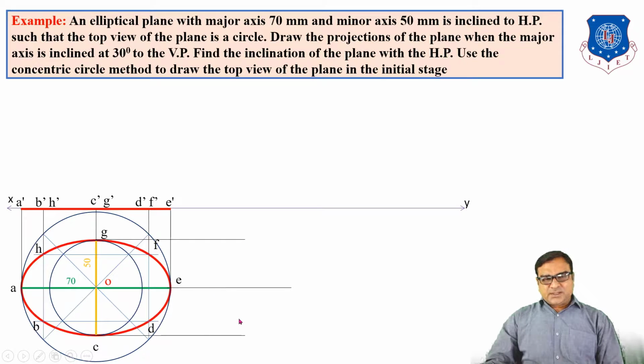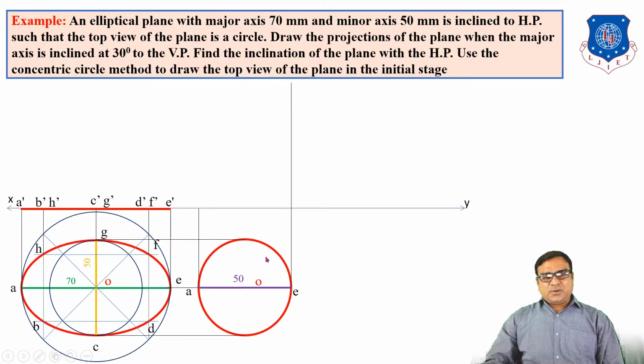So draw the top view first and then the front view line. Extend this A line. On that projection line take A 50 mm, mark midpoint O and draw a circle, because the top view is a circle of diameter 50 mm.